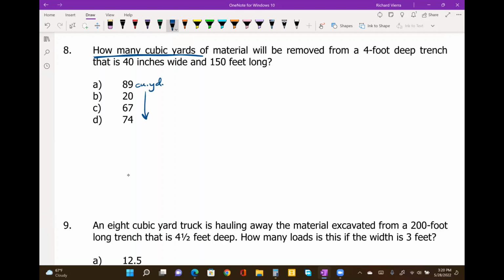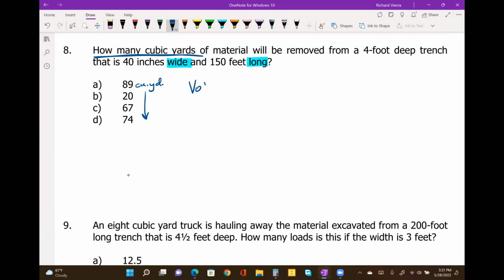So how many cubic yards of material will be removed from a 4-foot deep trench that is 40 inches wide and 150 feet long? So we have a length given and a width given. Obviously, we're dealing with a rectangular shape in this case. So we can go ahead and set up an equation using at least most of the volume formula in our calculation here, because we're going for cubic yards.